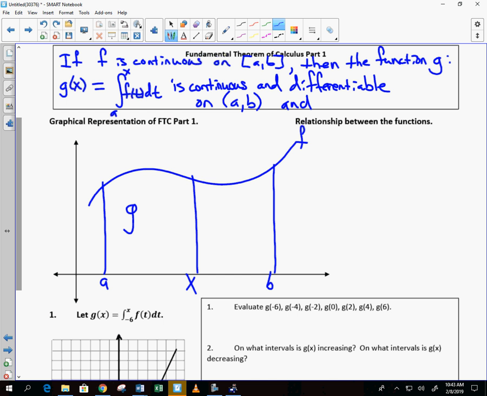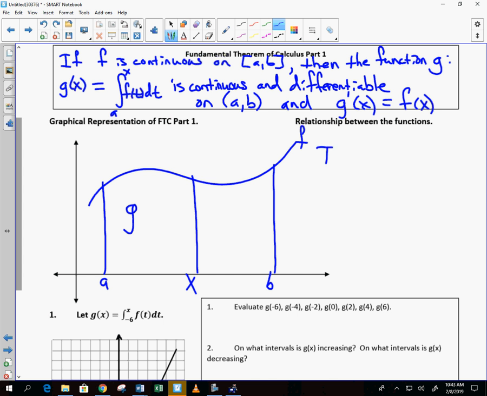The big idea is this. If you take the derivative of the area function, do you know what you get? You get the original function right here. So what is the relationship between these functions?